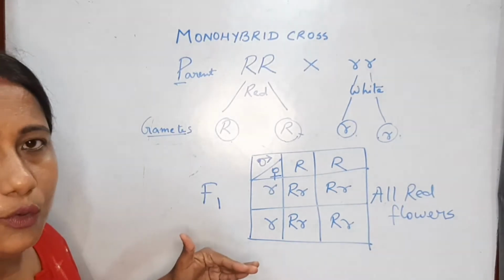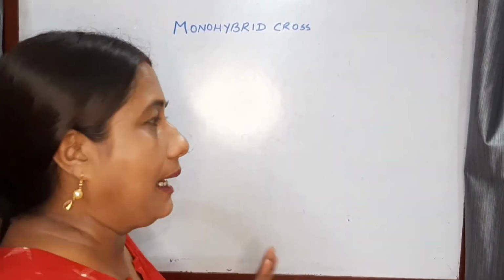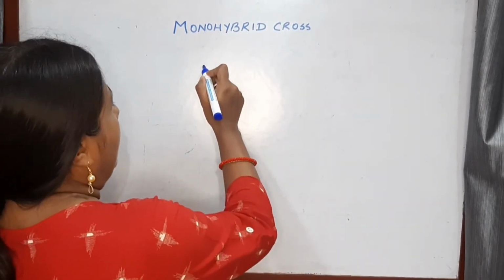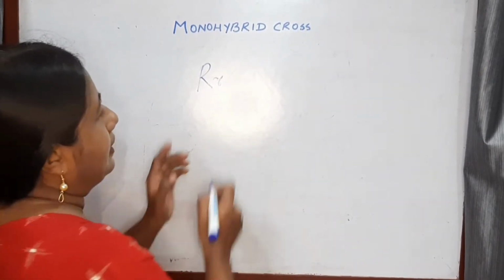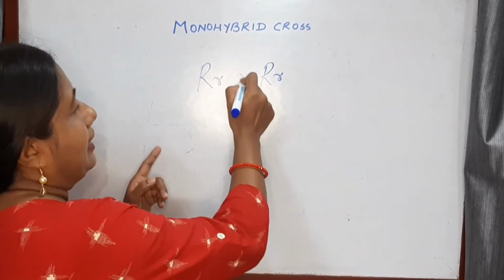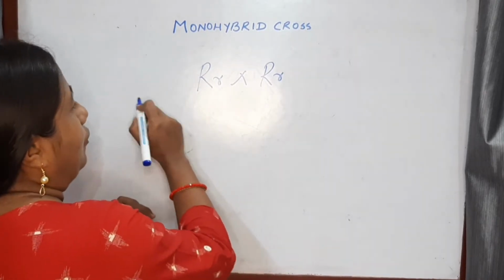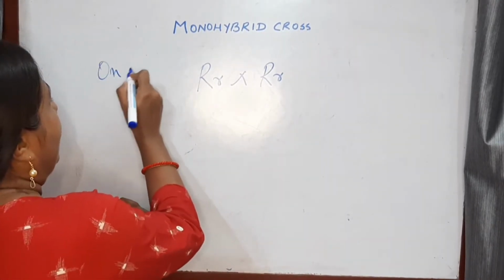Now let's move on to the F2 generation. In the F1 generation you have already got all red flower plants, all Rr. So we are taking any two out of this F1 hybrid, and you will write on selfing F1.